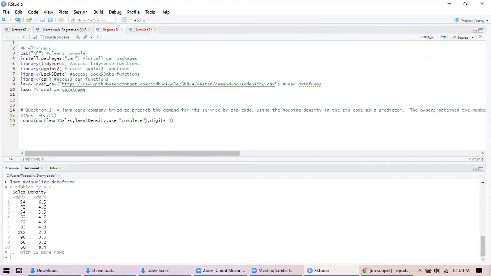Yeah, I don't really like how they do this. You have to scroll to the right. The owners obtain the numbers. I wish they had, so like try to predict demand by using the zip code. Try scroll to the right. There's more to it.